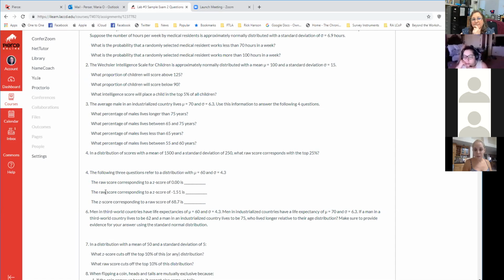If the question is asking you for the raw score, that means the x value. And for the z-score, that's the z, where you're looking for the z value.